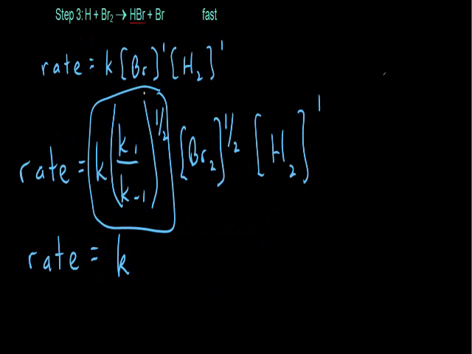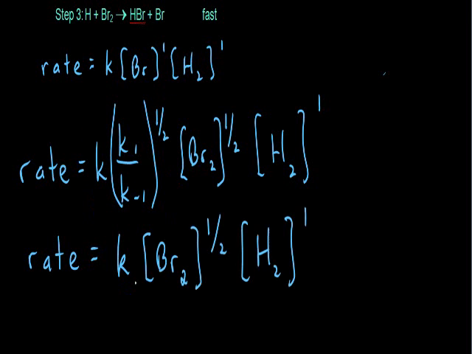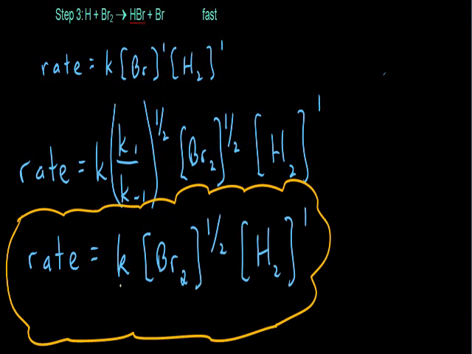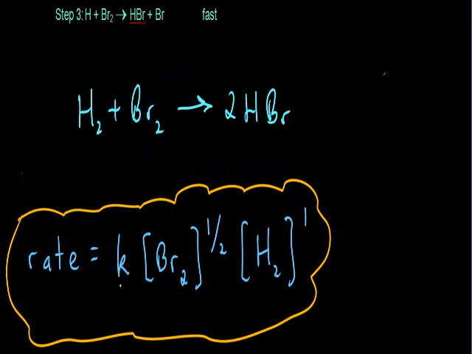Well, we have a constant times a constant divided by a constant. All those constants come together just to give us a new constant, which we can call k. Now that we've substituted out our Br, we have this for our preliminary rate law expression, where rate is k times Br2 to the 1/2 times H2 to the 1. We re-inspect this to see if there are any other reaction intermediates that need to be eliminated from the expression.